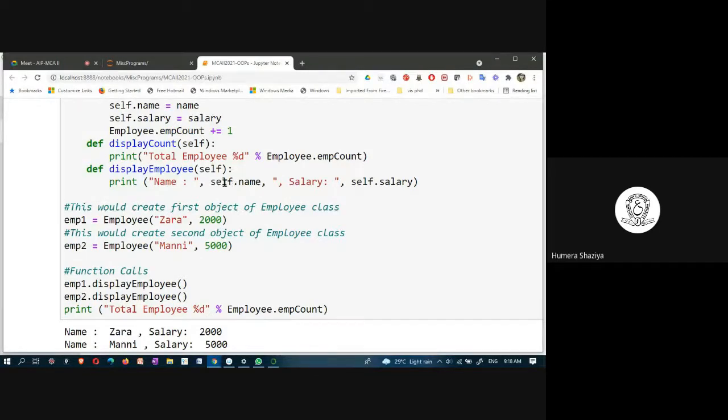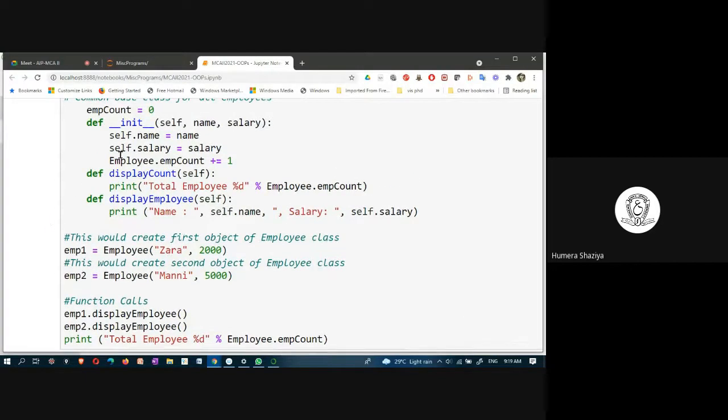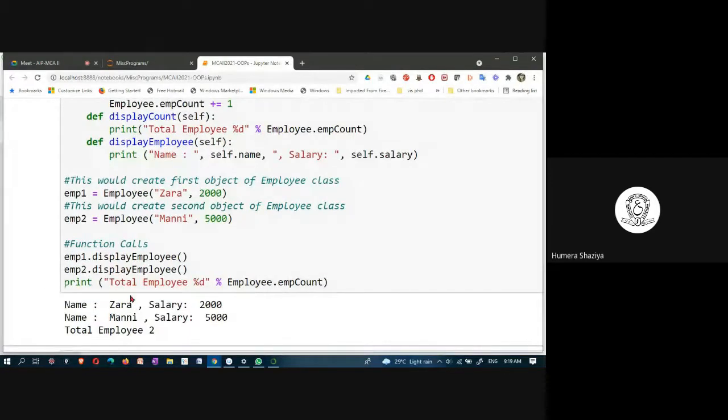Self is the reference to the current object, which is m1 in this case. Salary is self dot salary. Again, same m1. While creating m1, the parameters passed are name and salary, which are initialized to its variables name and salary, and that gets printed. Same thing happens with employee m2.